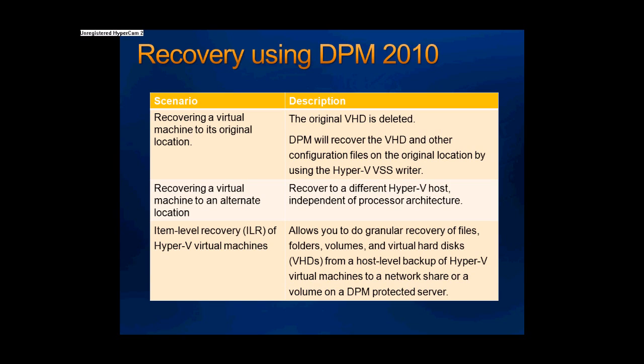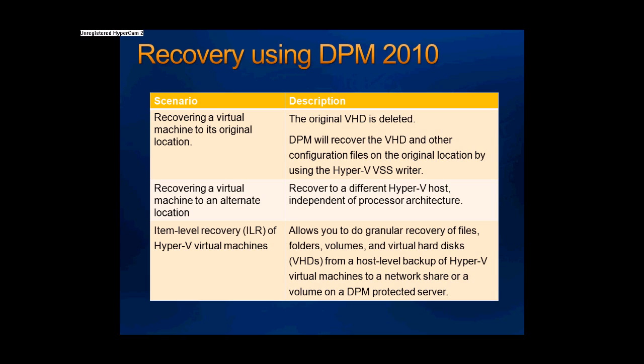Last and foremost, you can have an item level recovery. In this type of recovery, you can do granular recovery of files and folders which reside inside your virtual machines. With this recovery option, you no longer need to restore the whole virtual machine.